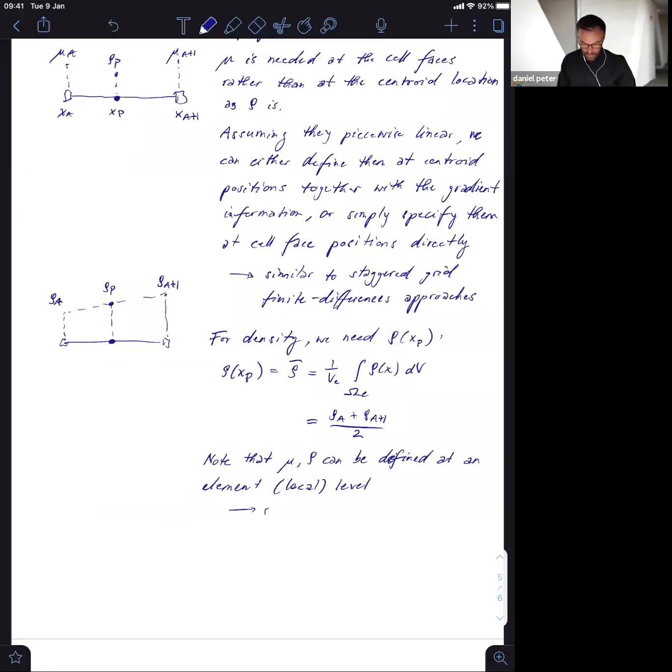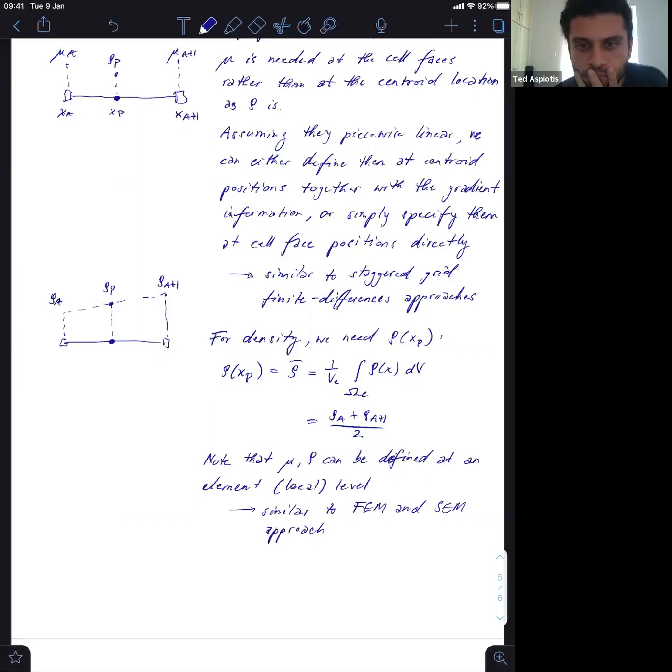This is similar to the finite element approaches that we saw, and also the spectral element approach. We can define the material properties for each cell, and they allow for jumps. Good.